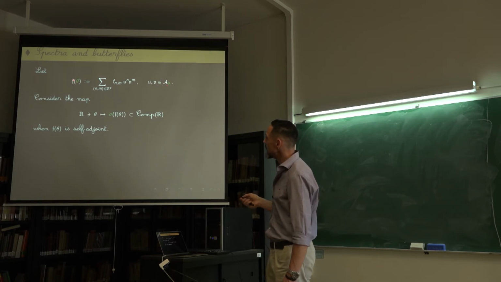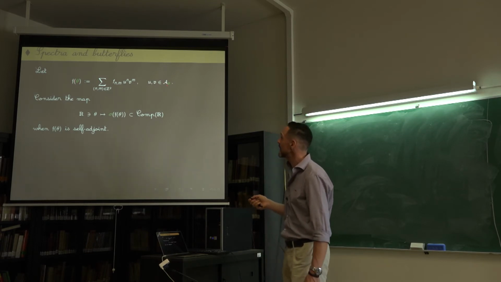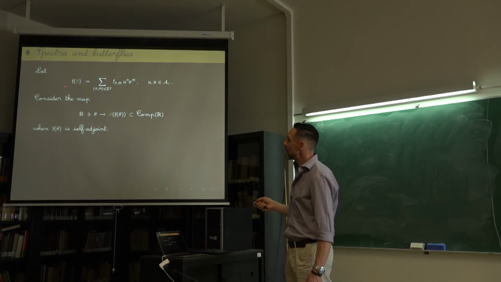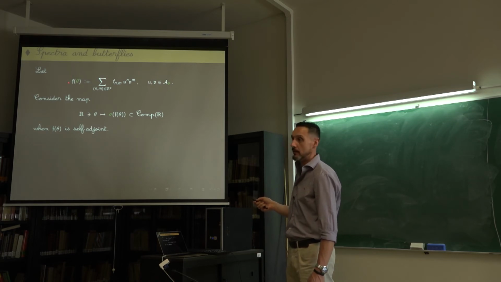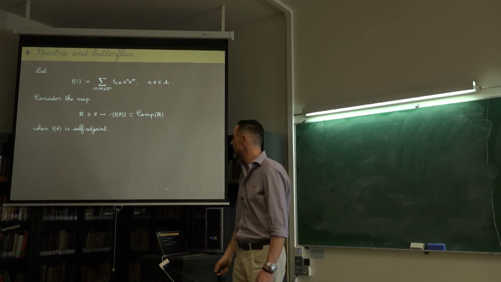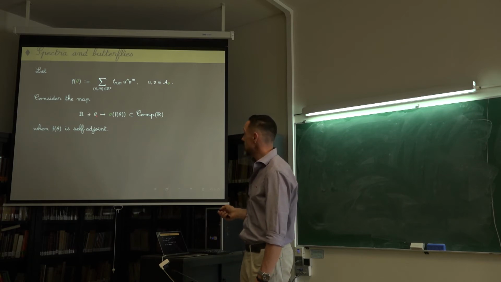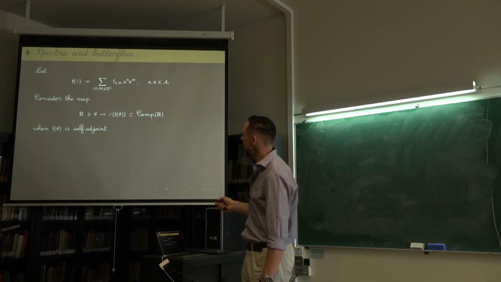And you know, this element depends on theta. What I mean is that, choosing u and v on different A theta, I have a family of elements which are parameterized by theta. And let me consider the map which associates, well, I fix f, the functional form of f, in the sense I'm fixing these coefficients.